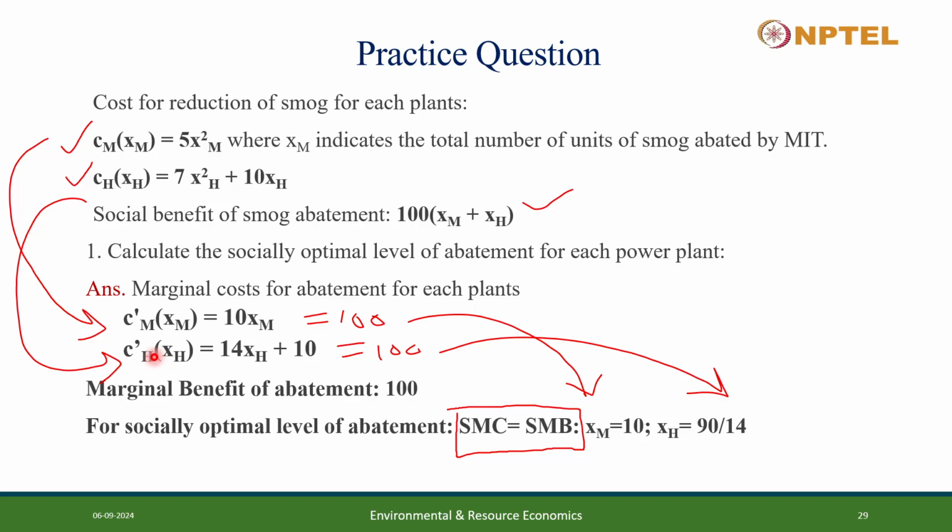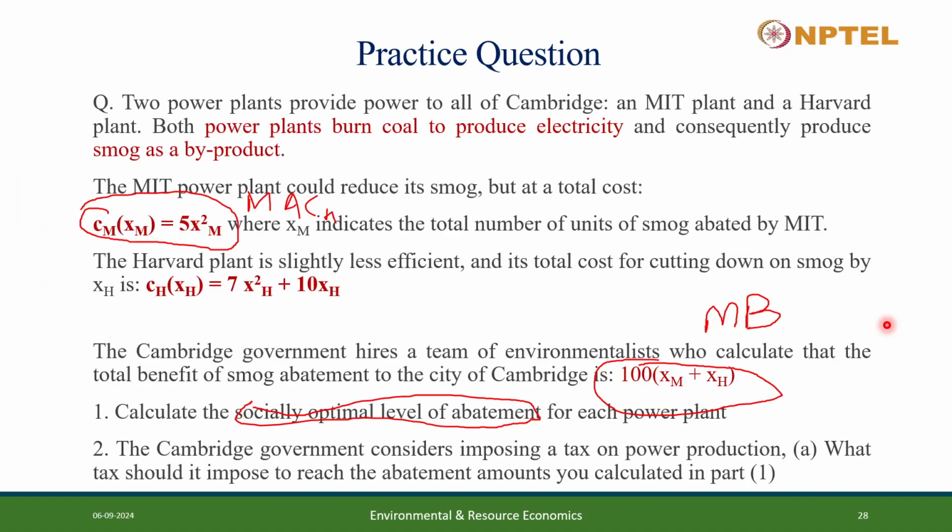Similarly, we differentiate 7xh square plus 10xh, and we get 14xh plus 10. If we equate this with 100, then we get 90 by 14. So these are the socially optimum levels of abatement. This is the first part of the question.